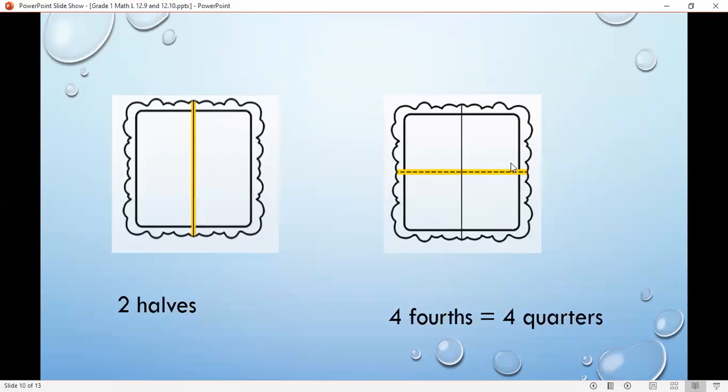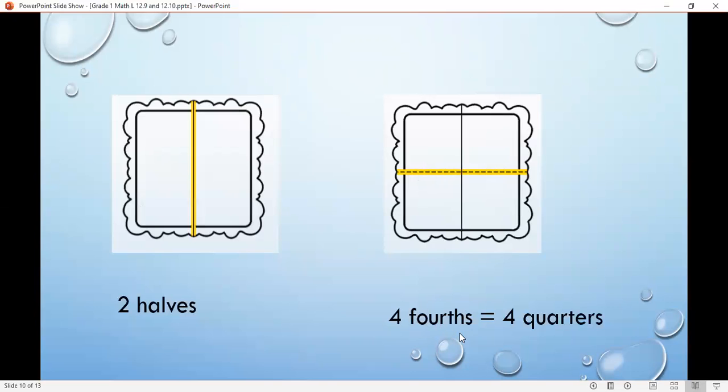These 4 equal parts are called fourths. 4 fourths. Yes, fourths comes from number 4. Remember how you spell number 4, how you write number 4, yes? And one of these little parts is called a fourth.